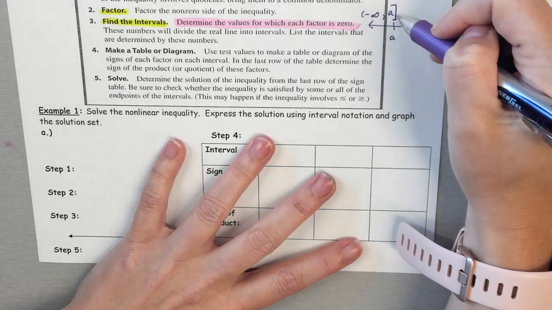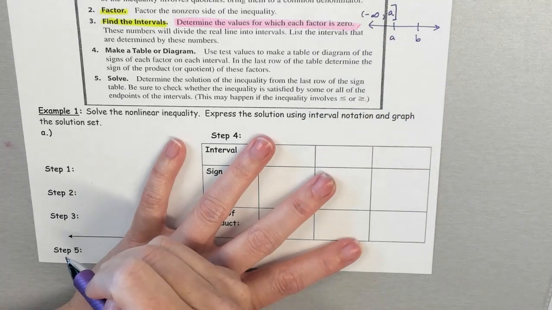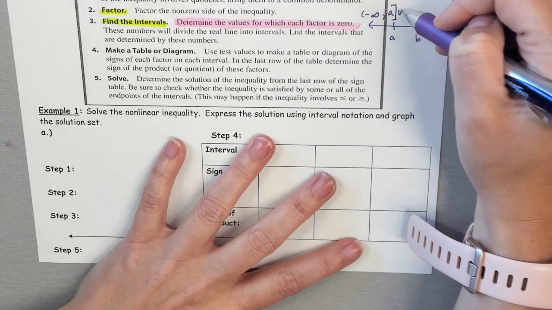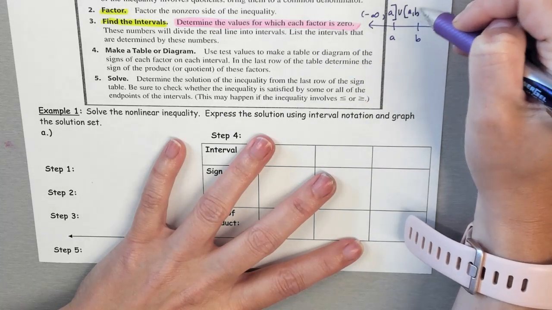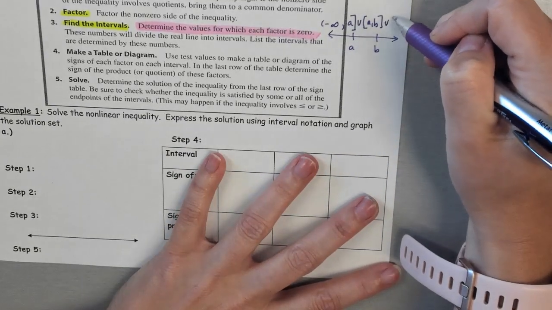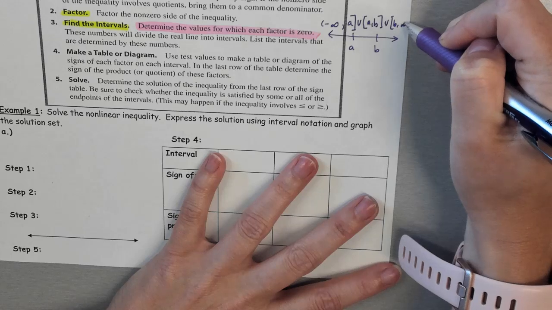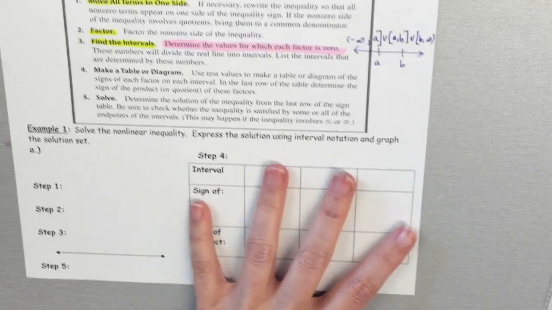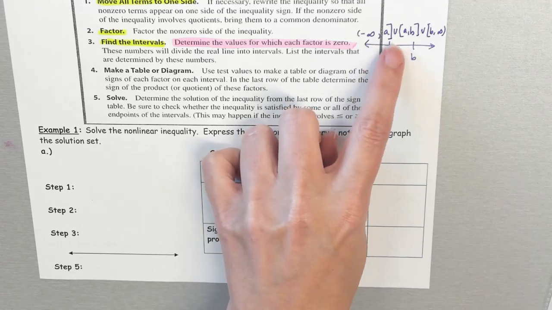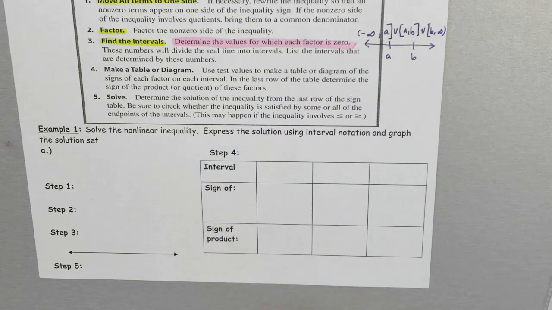Sometimes you might have that. Other times now you're going to have the hard bracket. And then remember how you connect it with a union. And then it would go from A to B. This would be our second interval. And then our third interval would be B to infinity. Okay, so when I say you're splitting them into intervals, each one of these is an interval. 1, 2, 3.